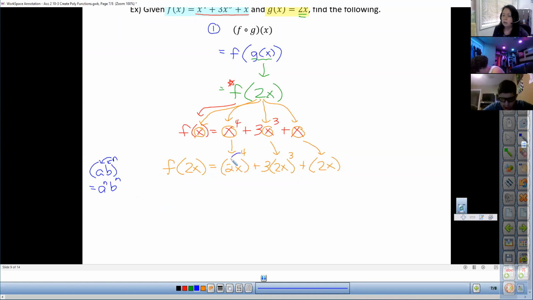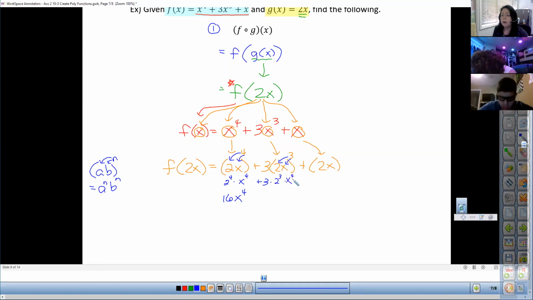So we are going to raise to the 4th power the 2 and the x. So we have 2 to the 4th power times x to the 4th power. 2 to the 4th power is 16, so this becomes 16x to the 4th. Here we have plus 3 times. The 2 is to the 3rd power, and the x is to the 3rd power.